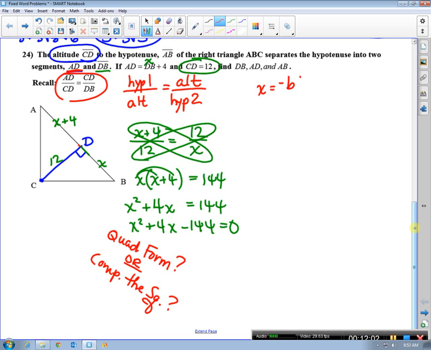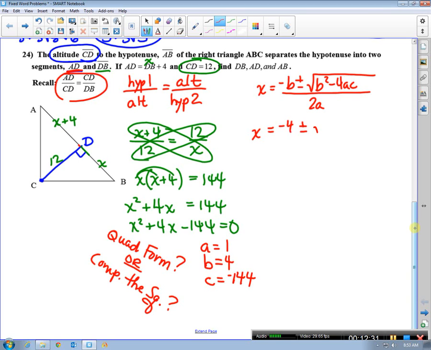X equals negative b plus and minus square root b squared minus 4ac all over 2a. So a is 1, b is 4, and c is negative 144. Let's put those in. X equals negative b plus and minus square root b squared, 16, minus 4 times 1 times negative 144, all over 2 times a.